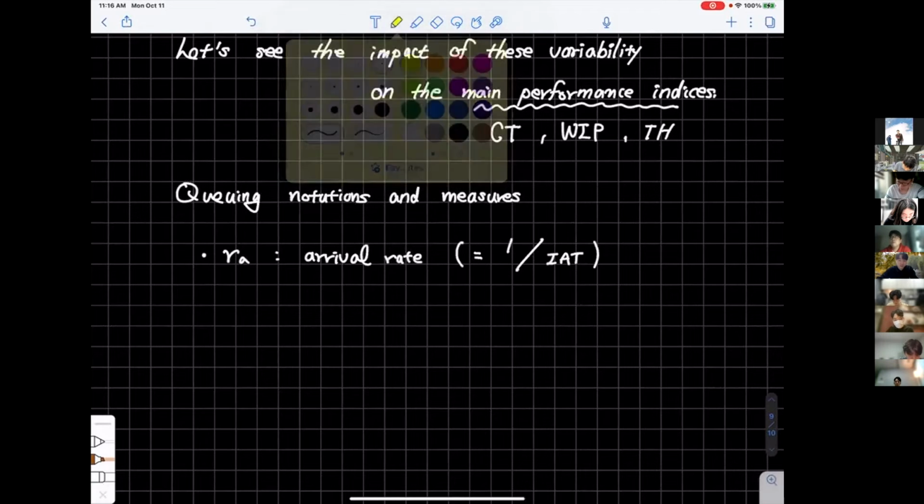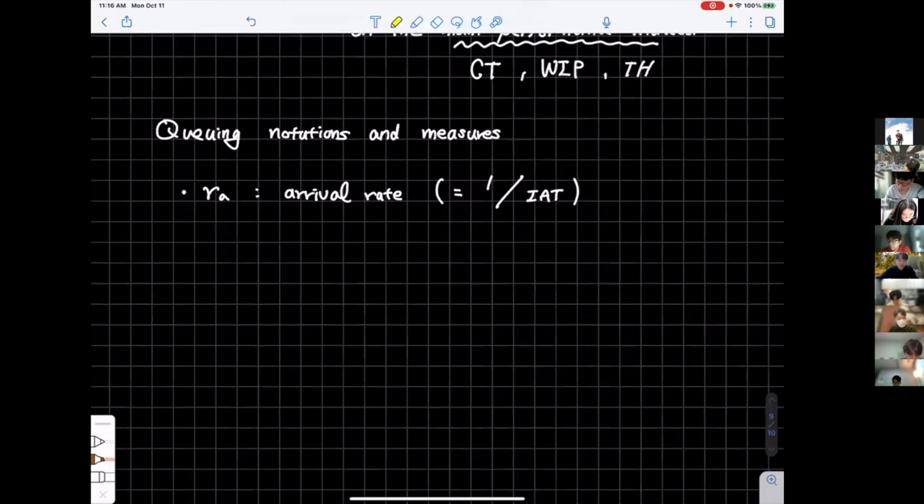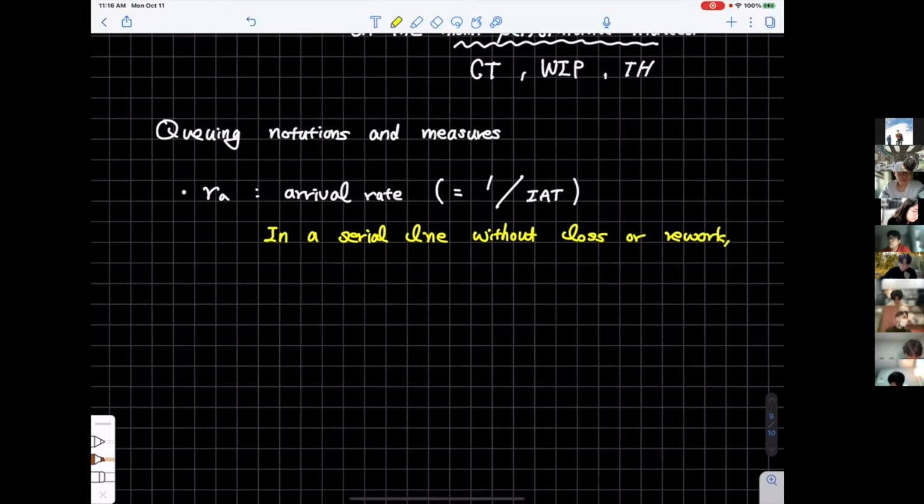And one important thing is that in a serial line without loss or rework, the RA will be determined as the given value of throughput.